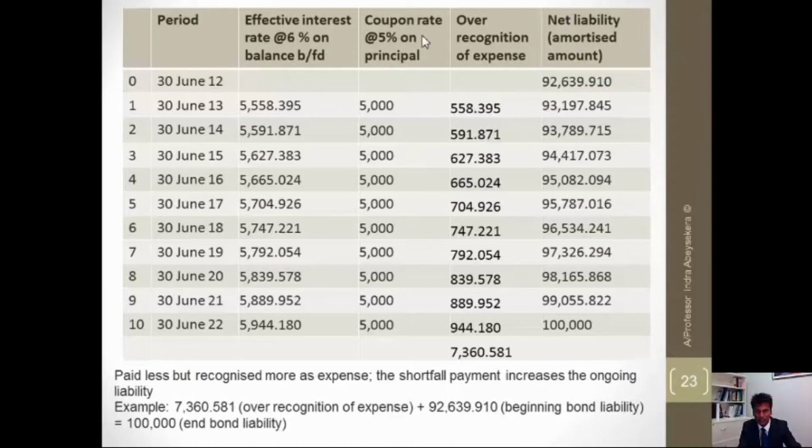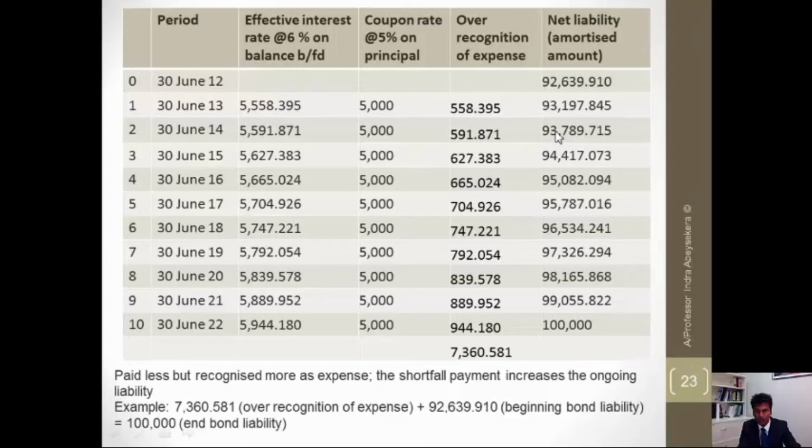And in the second year, interest expense is calculated based on the beginning balance, 93,197.845, and the interest expense is 5,591.871. And the cash payment of interest is 5,000. The company pays less than the market. That means the liability keeps increasing by the difference that was unpaid. 591.871 is that difference.